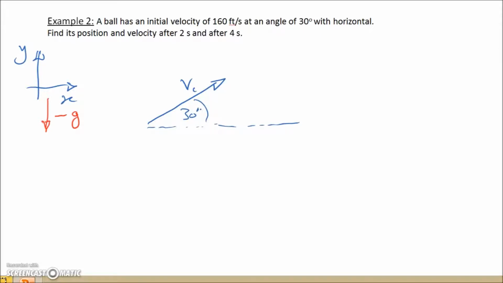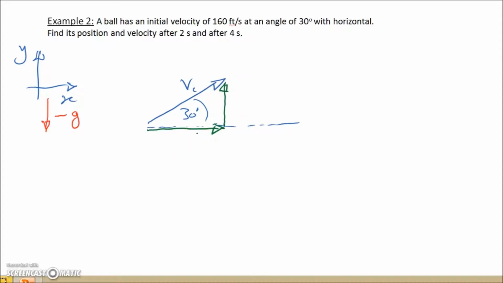We can always resolve any vector into perpendicular components, and in this case let's resolve our initial vector into a horizontal component and a vertical component.